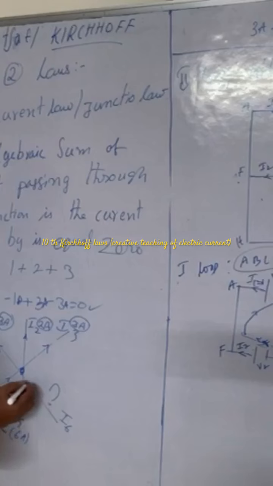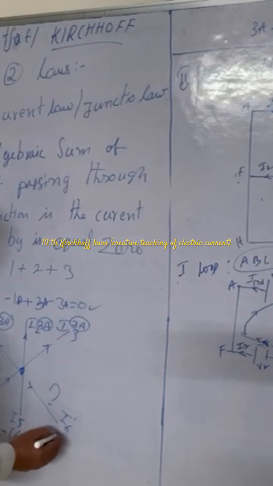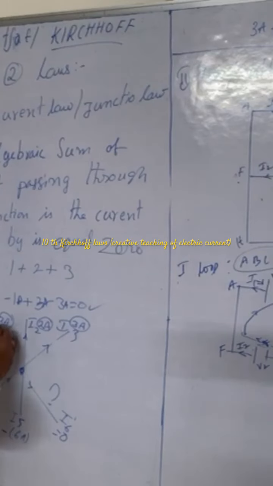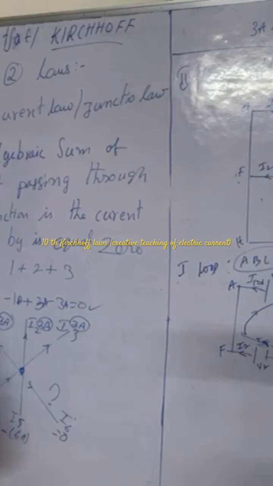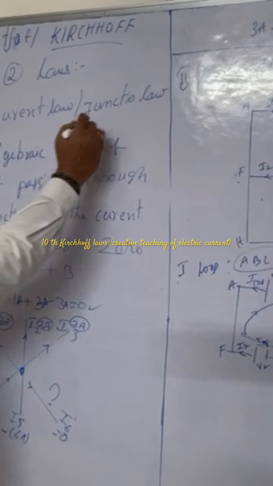At this junction, what will happen? This is equal to 0. The 3 plus 2 plus 3, that is 8 amperes, is equal to minus 2A plus 6A. This is Kirchhoff's first law, or current law, or junction law.